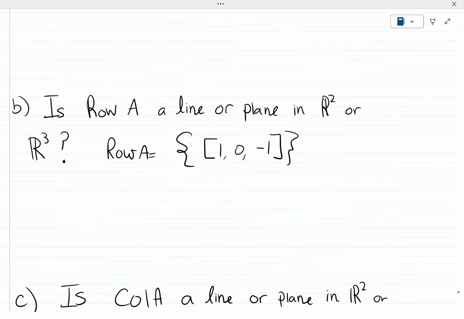It's a line, but there are three elements. So technically it is a line, but with three elements, or R cubed.